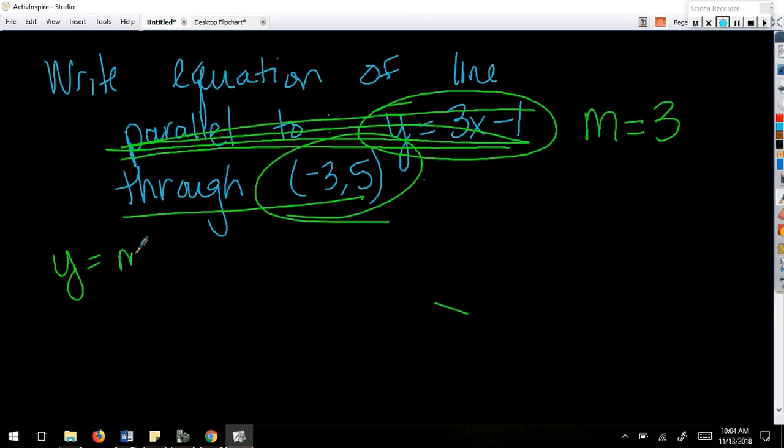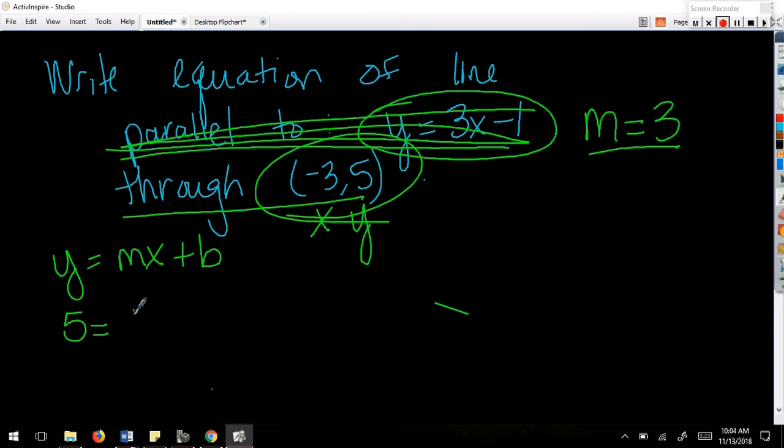You're setting up in slope-intercept form? Okay, so Zaya wants to do slope-intercept form. I would do point slope. I'll do both of them and show you. I like point slope. That's my favorite form. But if you like mx plus b, that's fine.